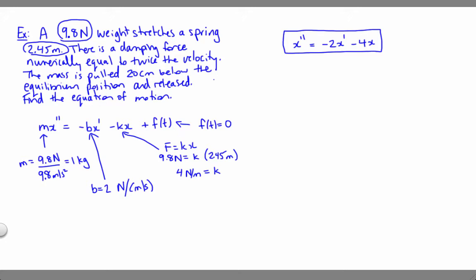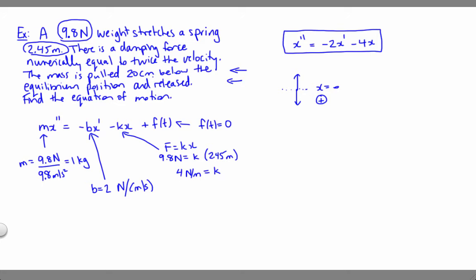We're told that the mass is pulled 20 centimeters below the equilibrium position and released. So remember in our previous discussion we said that the equilibrium position is going to be represented by x equals 0, and that the downwards direction is going to be considered positive because gravity acts downwards.